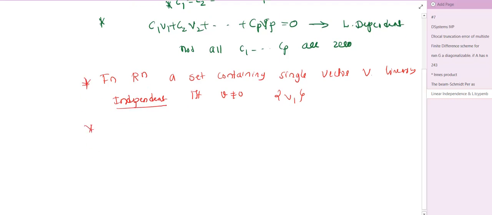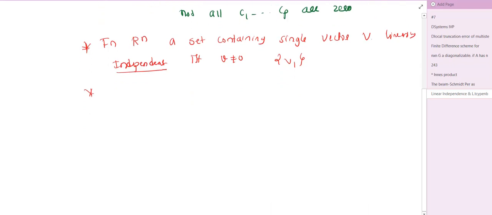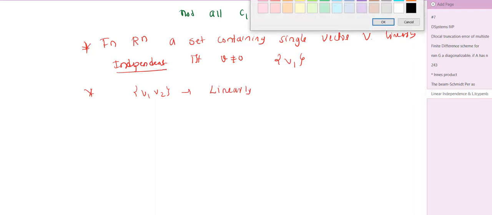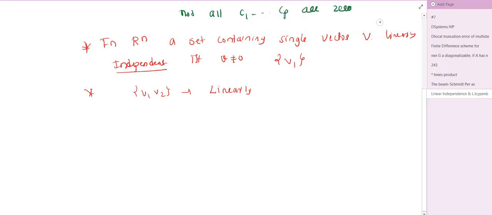Similarly, say for example, a set of two vectors is linearly dependent. Say I have a collection of two vectors, v1, v2. We're saying that they are linearly dependent.